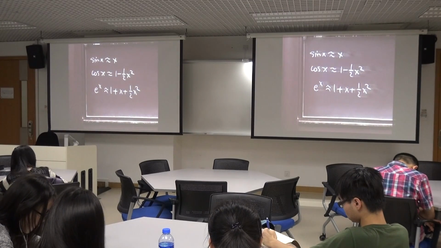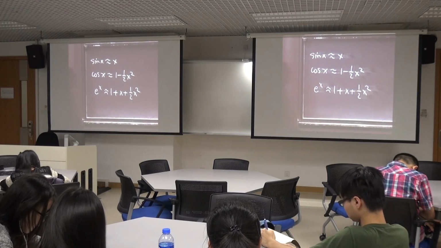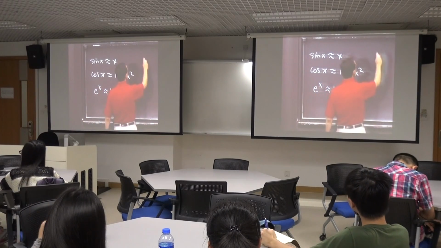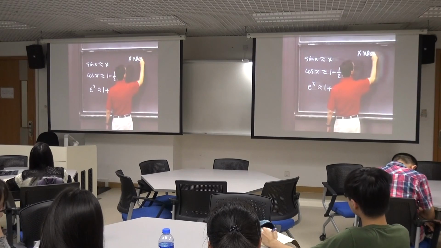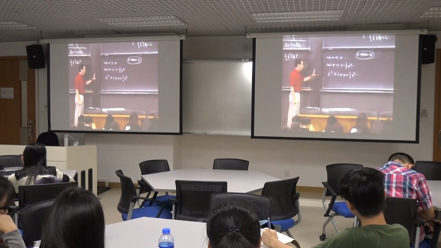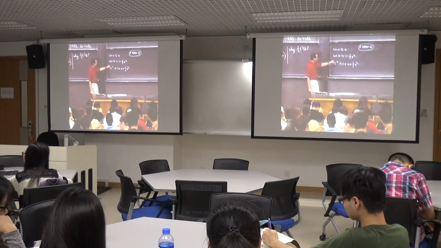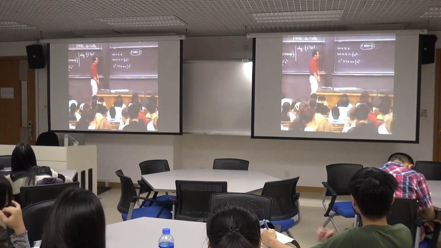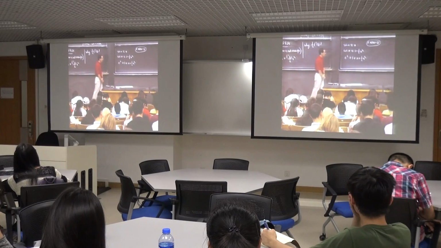So those were 3 that I mentioned last time. And again, this is all for x near 0. All for x near 0. These are wildly wrong far away, but near 0, they're nice, good quadratic approximations.